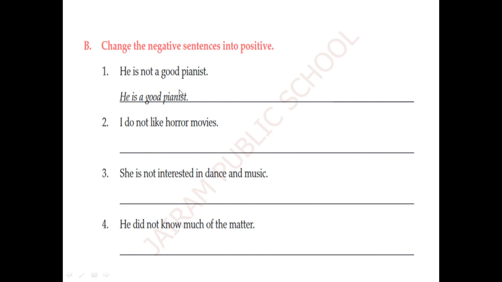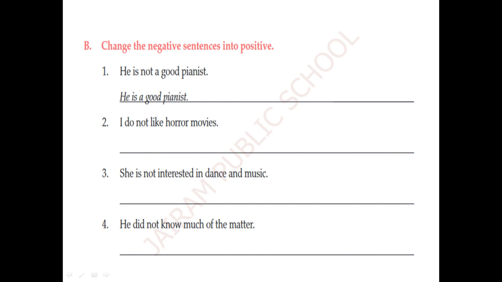He is a good pianist. So this was the negative sentence. From that we changed into positive by removing the negative word not. Likewise we are going to do the rest.